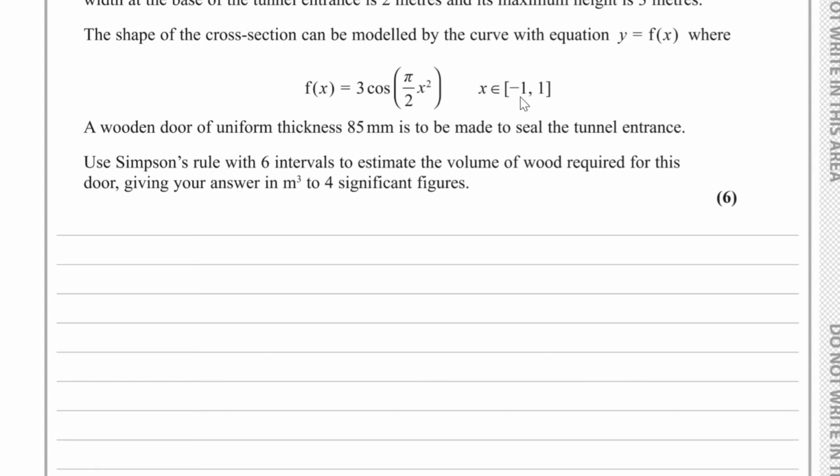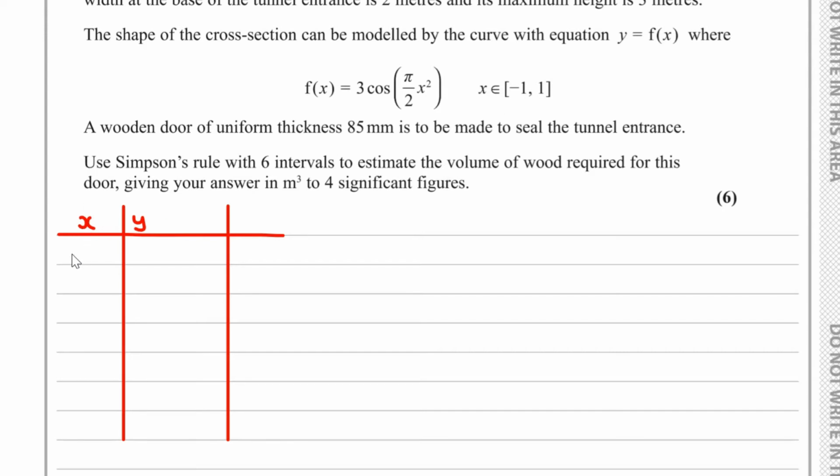And as we are going from -1 to 1 with 6 intervals, well, we'd start off at -1 and we'd add on step lengths of 1/3 until we get to 1, and we find out the corresponding y values, and we'll work from there. So we have our x values.